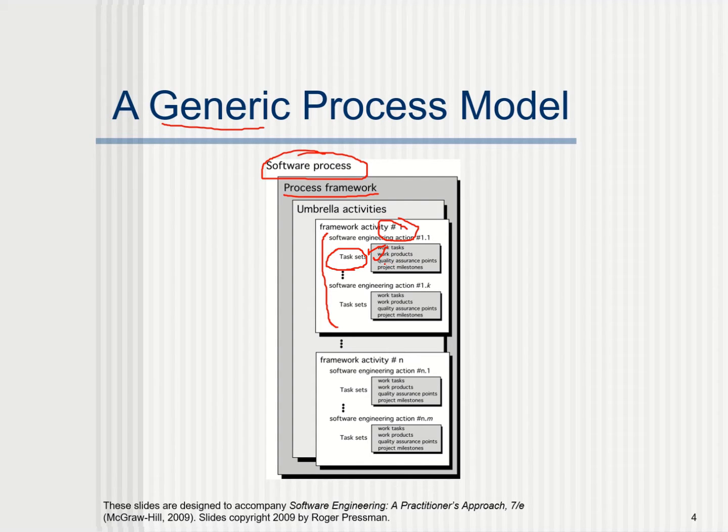Then we have quality assurance points, and finally we have project milestones. So this task set is accomplished in a single action, and further you can go on to different actions, while reaching the last activity and its last task set.